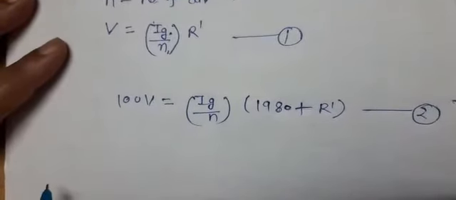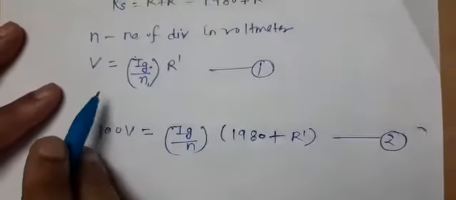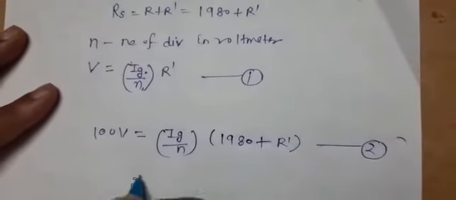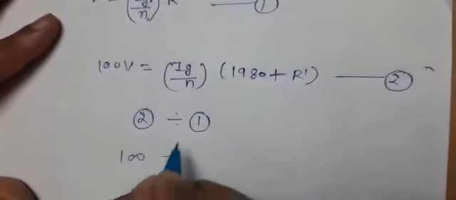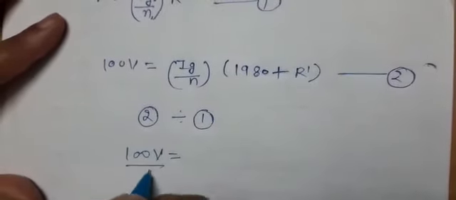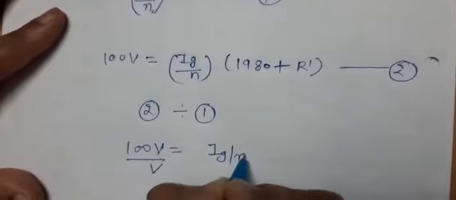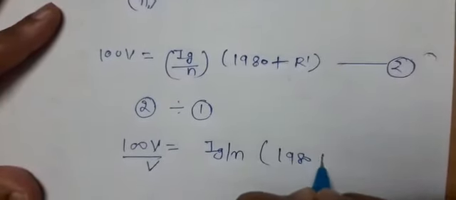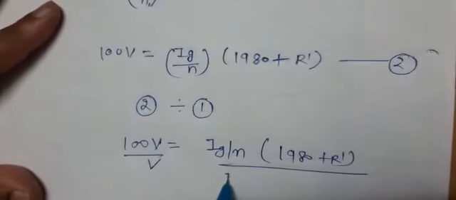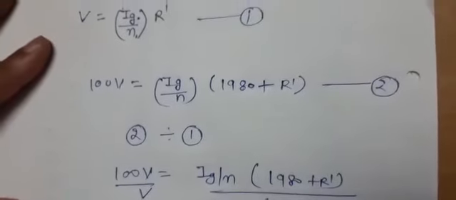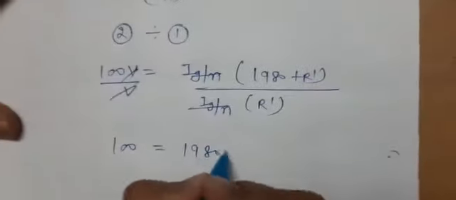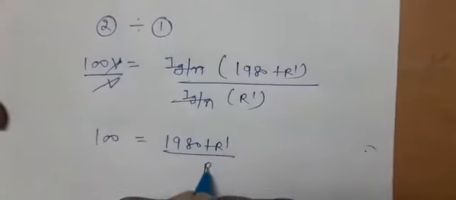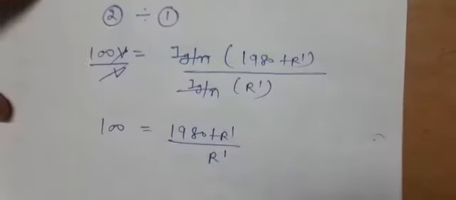Now under the given conditions, we have obtained the equations. Now let me divide equation 2 by 1. So we are getting 100. Now I will write all the values so that you do not get confused. Dividing by Ig and N, this cancels, and we get 100 equal to 1980 plus R dash upon R dash, right?